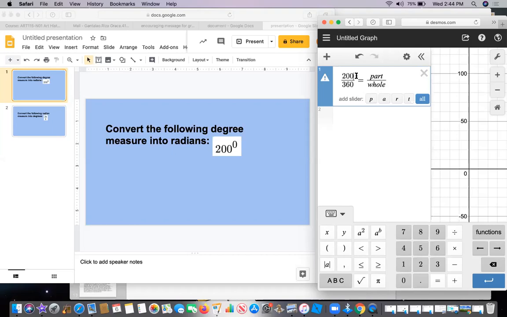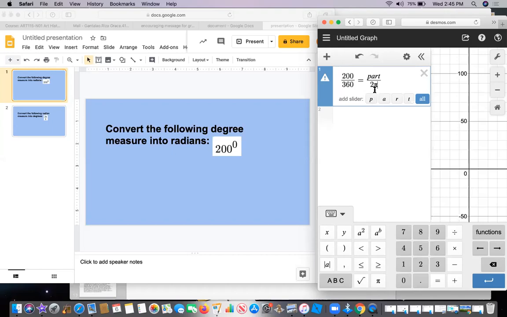And in terms of radian, we know that the circle is divided into 2 pi. So I'm going to put the 2 pi in the place of the word whole. So that would be 2 pi. That is with respect to radians.